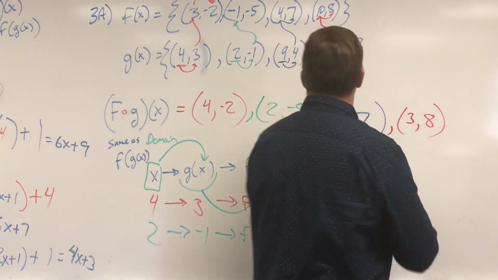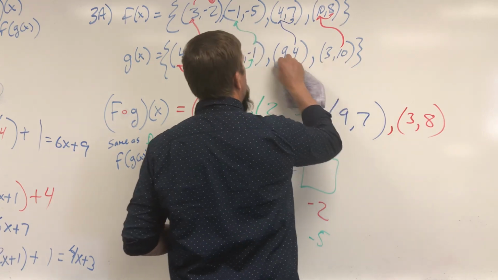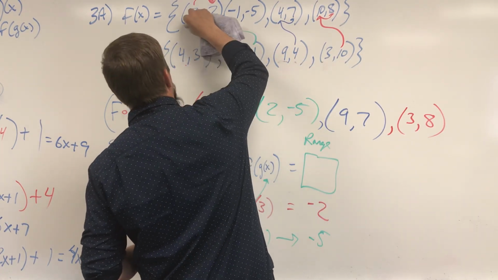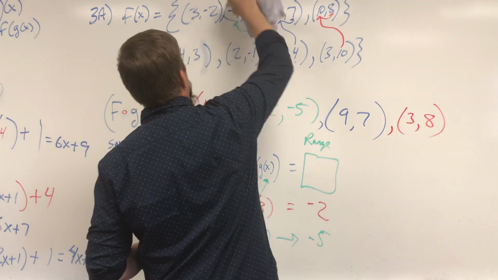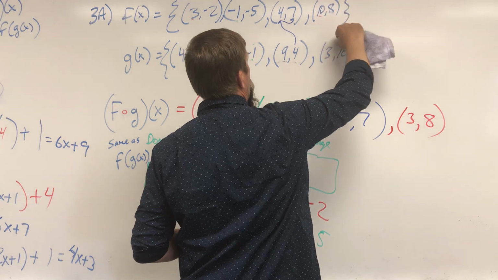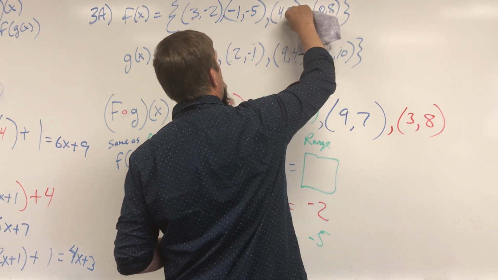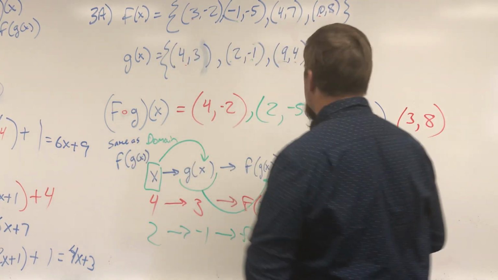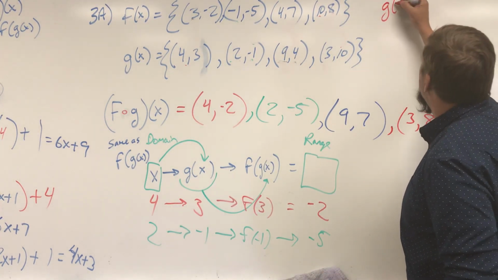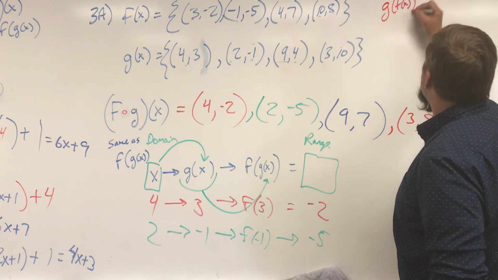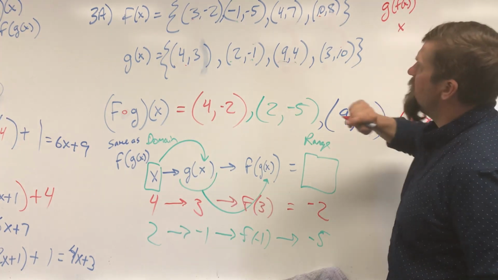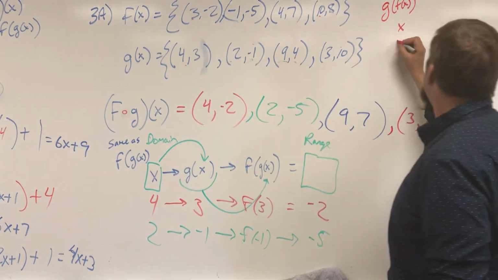I'll erase this stuff up here so we can follow it. Okay, so let's try this. Let's say we have this time g of f of x. So we start with x in the f of x function. So let's start with 3.